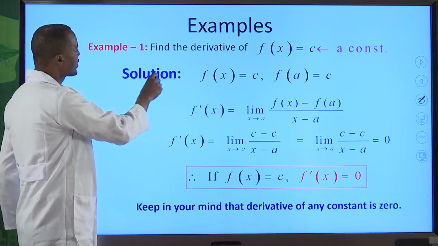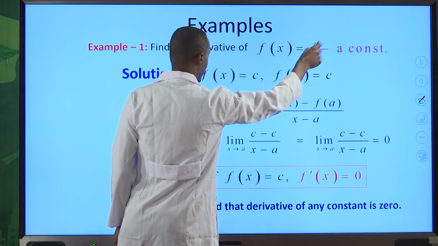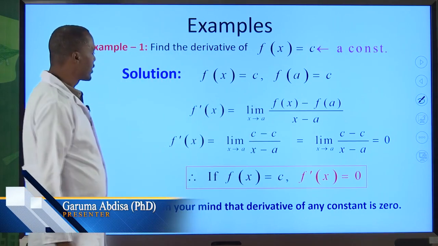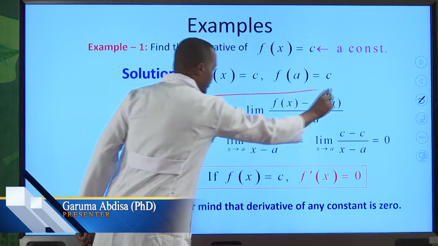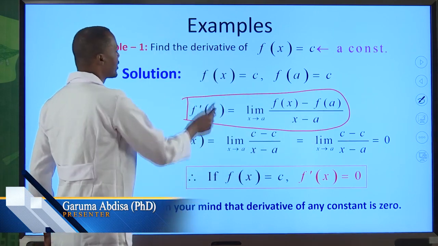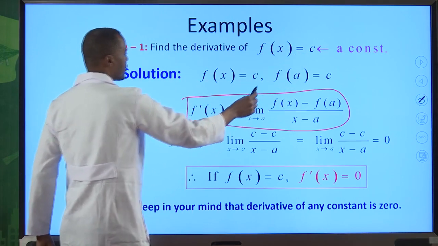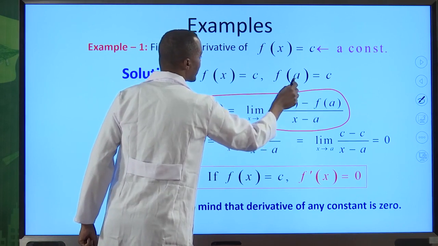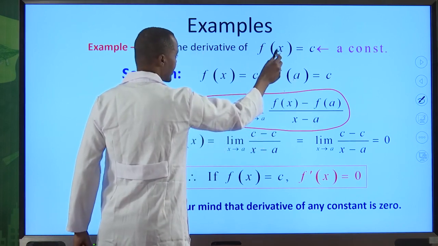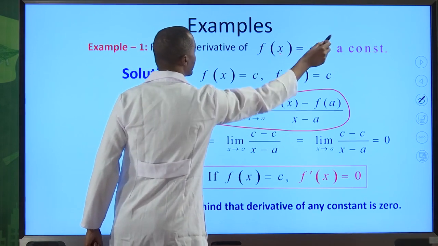The first example is find the derivative of f of x, which is c, where c is a constant. We directly substitute that into our derivative formula. Our derivative formula is this one. My f of x is c, and because here is f of x and here is f of a, my function is such that f of x is equal to c, meaning f of whatever is c.